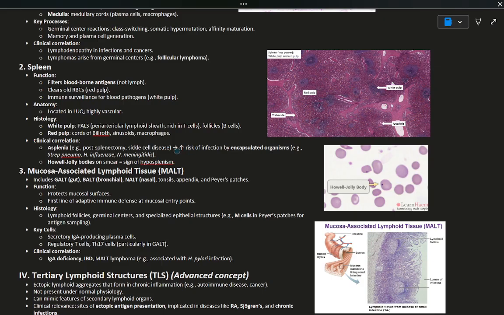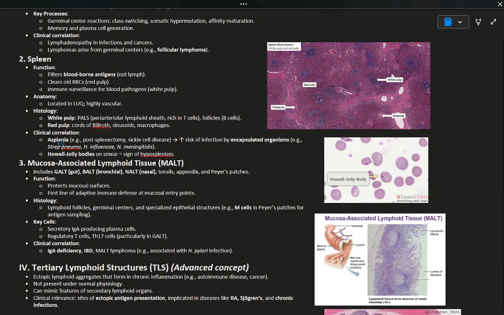With asplenia, there is increased risk of infection by encapsulated organisms, such as your Streptococcus pneumoniae, Haemophilus influenzae, and meningitis. So just be aware of that. With asplenia, we need to think about increased risk of infection by any encapsulated organisms, especially these pathogens listed here.